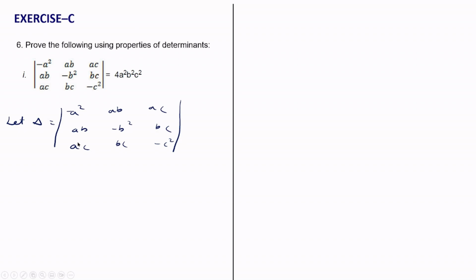So here let us take a common from C1, b common from C2 and c common from C3. Taking a, b, c common from C1, C2, C3 respectively.